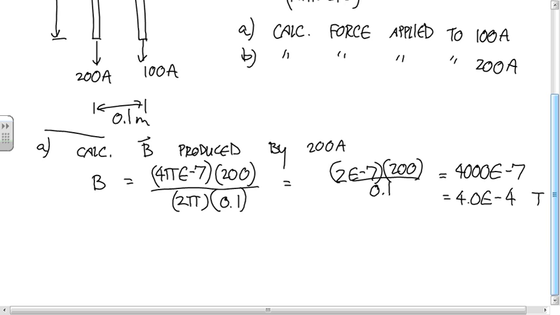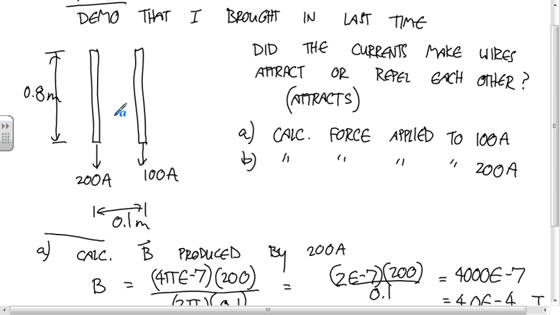And now we need to use the right-hand rule to figure out what the direction of that magnetic field vector is. Remember the field lines about a straight wire are circles around the wire. What circular direction do those field lines go around the 200 amp wire? Your thumb goes in the direction of the current.